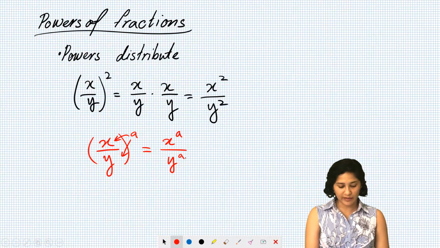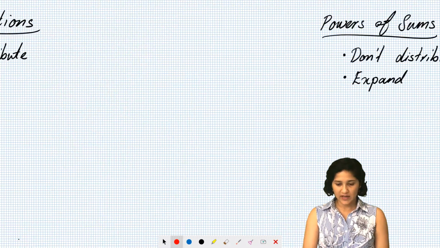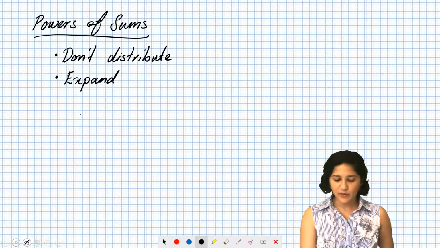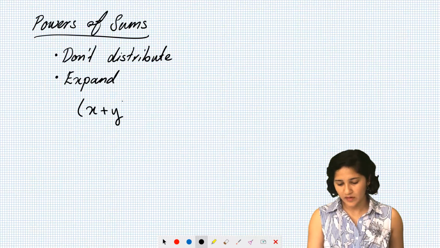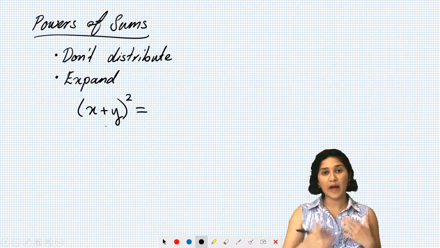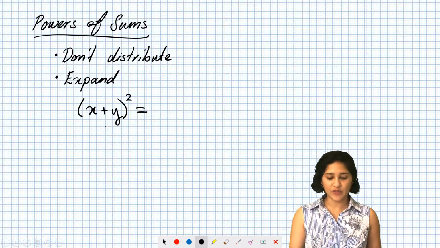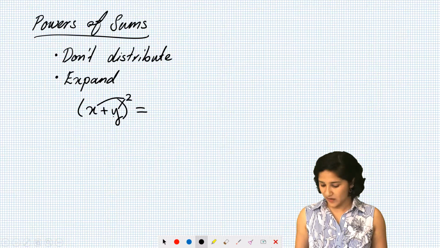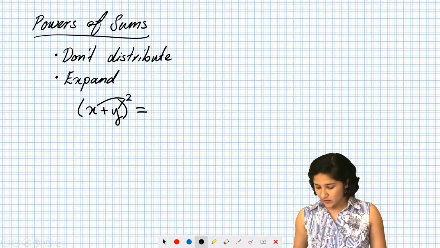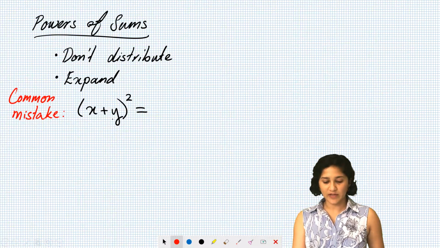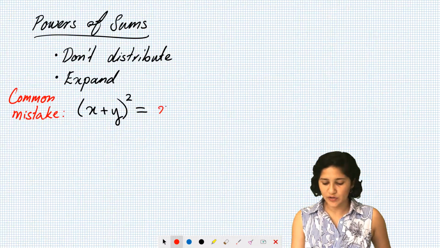The thing that you have to be really careful of is that it doesn't happen with addition. So if you have a sum to a power, the power doesn't distribute in the same way. So you can't just say that it's x squared plus y squared, okay? That doesn't work. So it's a really common mistake to write that (x plus y) squared is equal to x squared plus y squared.